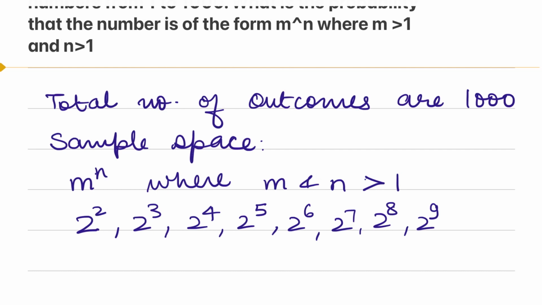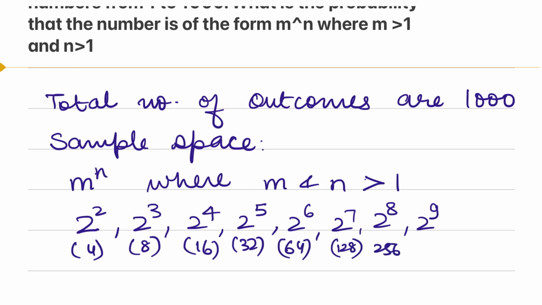We can also write this as 4, this is equal to 8, this is equal to 16, then 32, then 64, 128, 256, and then this is 512. Next will be greater than 1000.